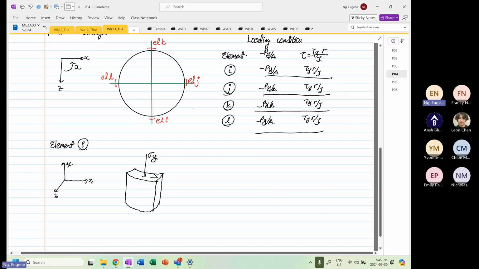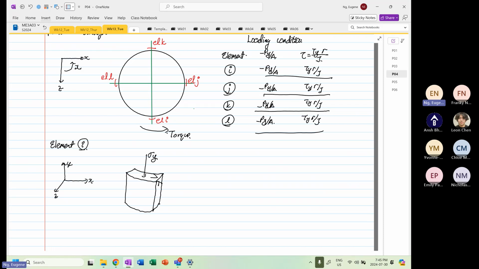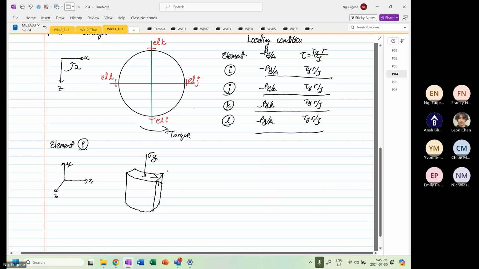We also know that there's a shear because this thing is rotating this way, the torque. So the shear will have that orientation. This is our shear, these are our intersecting planes, shear XY is equal to shear YX. And the rest of the stress components are equal to 0.